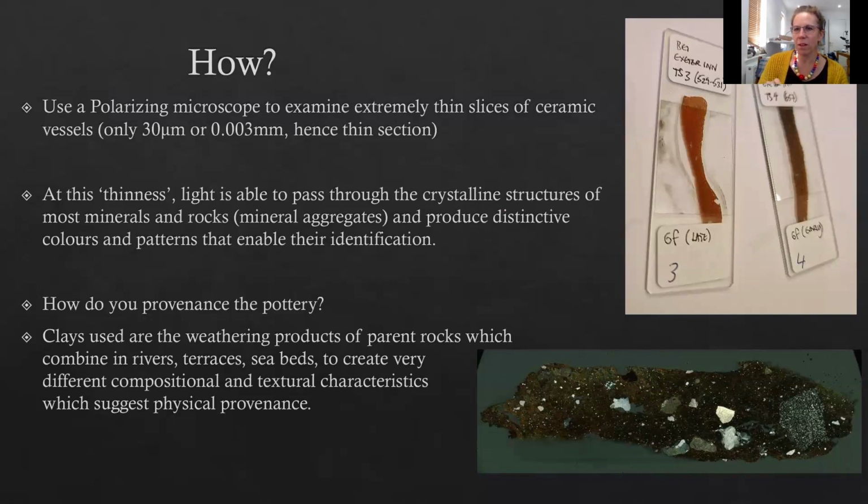Each mineral does different things: different colors, different shapes, and it behaves differently in cross-polarized and polarized light. If it's rotated, the mineral will go in and out of extinction and have different colors as it changes. That's unique, and we can only get that at that thickness. Believe me, when I've made them before and haven't got it right, you can't see anything. So that's very important.